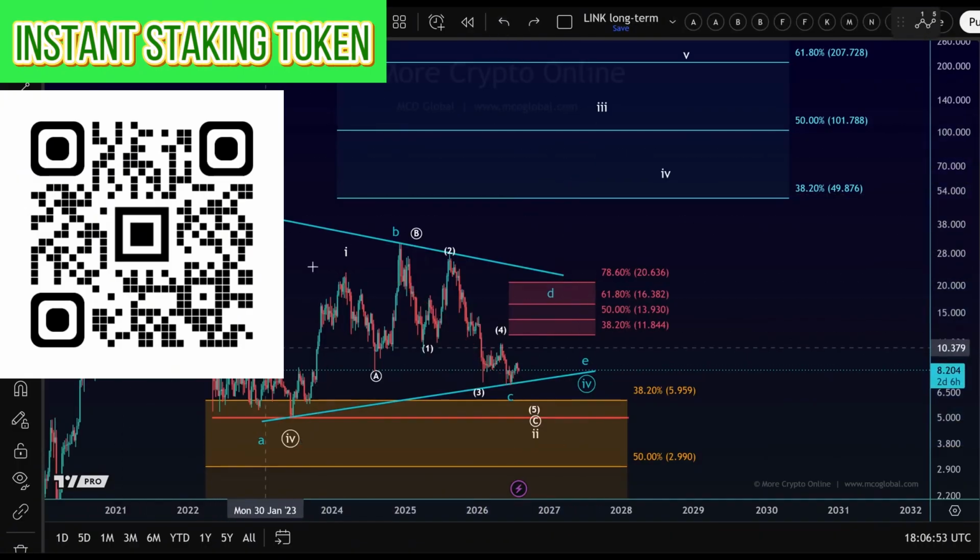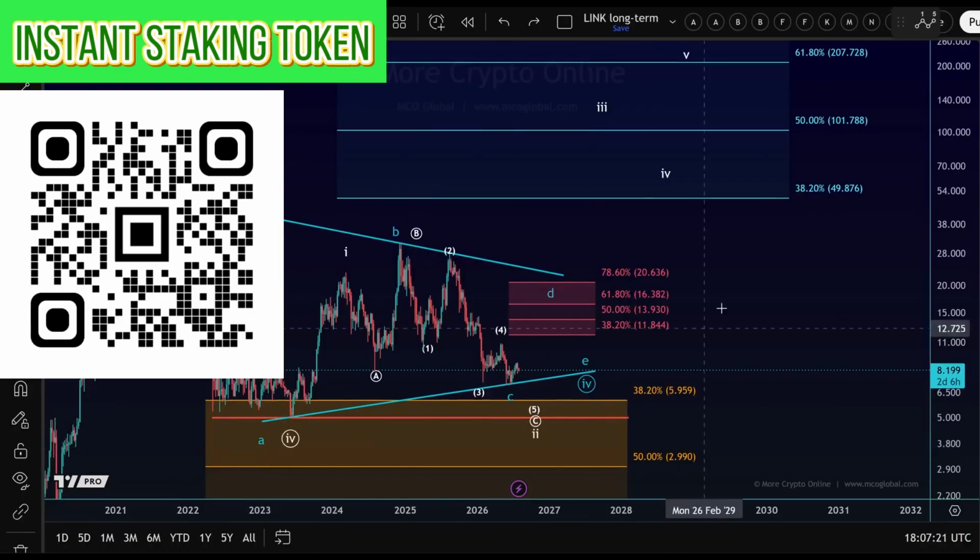Surely, when we're dealing with sideways structures and triangles like that, other interpretations will be valid, but they are not really relevant, because what really matters is to understand what the important resistances are, as well as the support levels and invalidation points. And I did mention the key level around $5, which is the swing low from 2023.